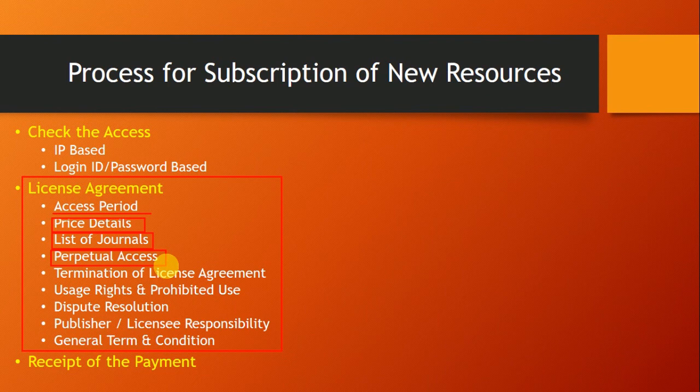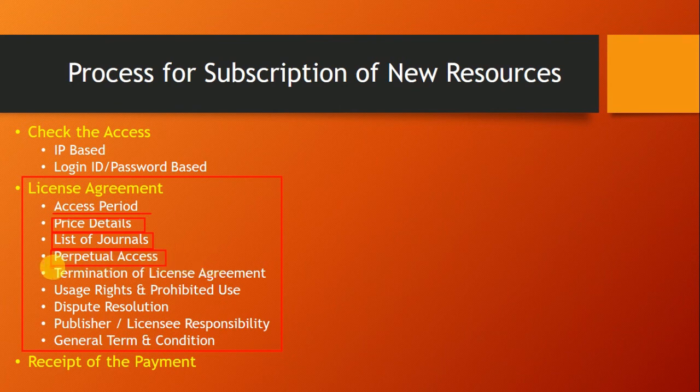In that case, will the access continue with the institute, or will the publisher stop it, or is the subscription closed? Will the institute have access to those subscribed products or not? So the perpetual access should be discussed in the license agreement clearly.